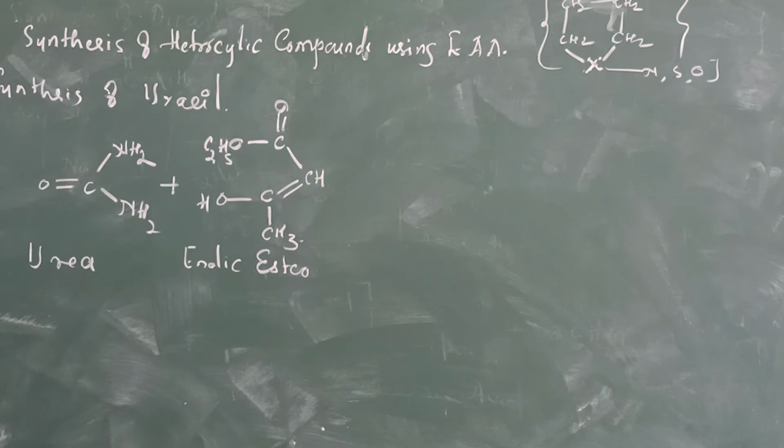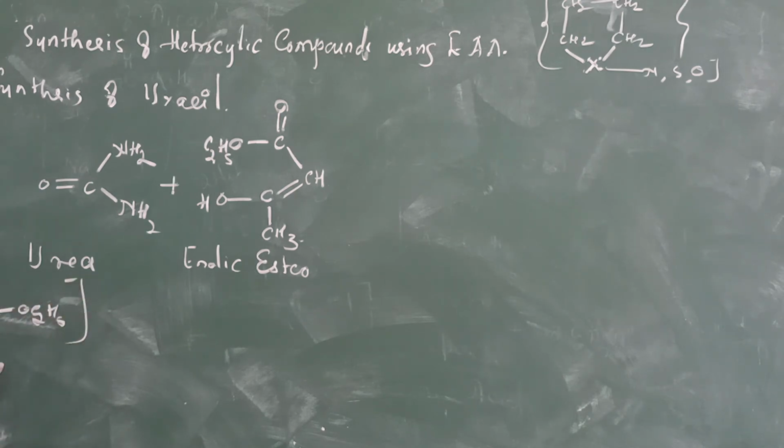So, this is already I have discussed. For your kind information, this is CH3, CO, CH2, then C double bond O, OC2H5. This is your EAA.